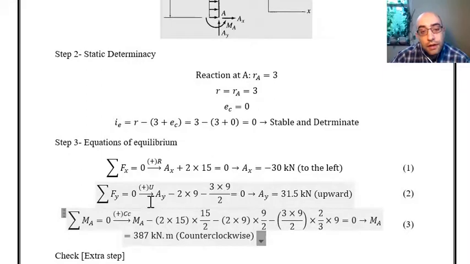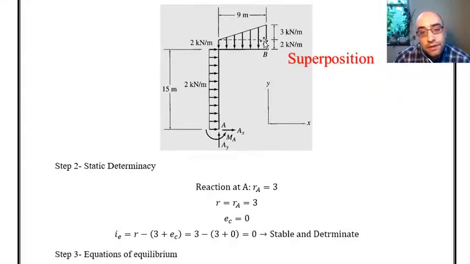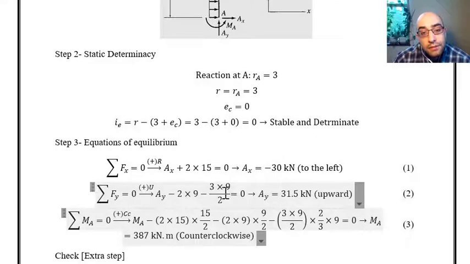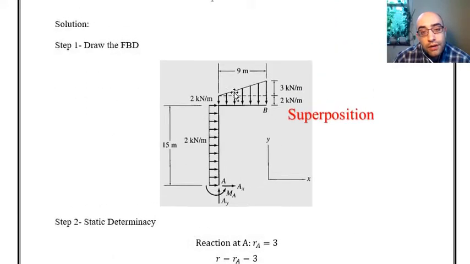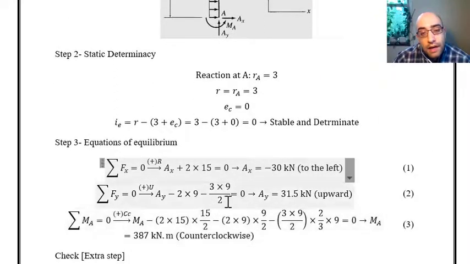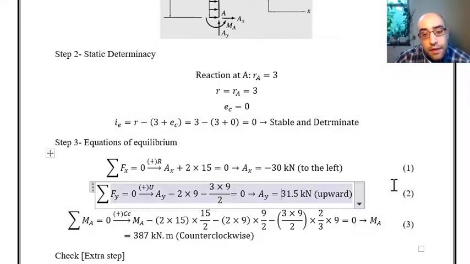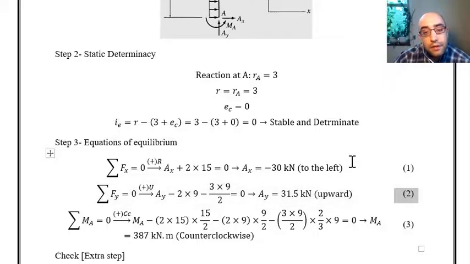So, vertical direction at A or AY minus 2 multiplied by 9, which is area under this rectangle, minus 3 multiplied by 9 divided by 2, area under this triangle over here. If I calculate this, we can see AY, or the vertical direction at point A, is equal to 31.5 kilonewton. And this is positive, so my assumption was right and it is upward.